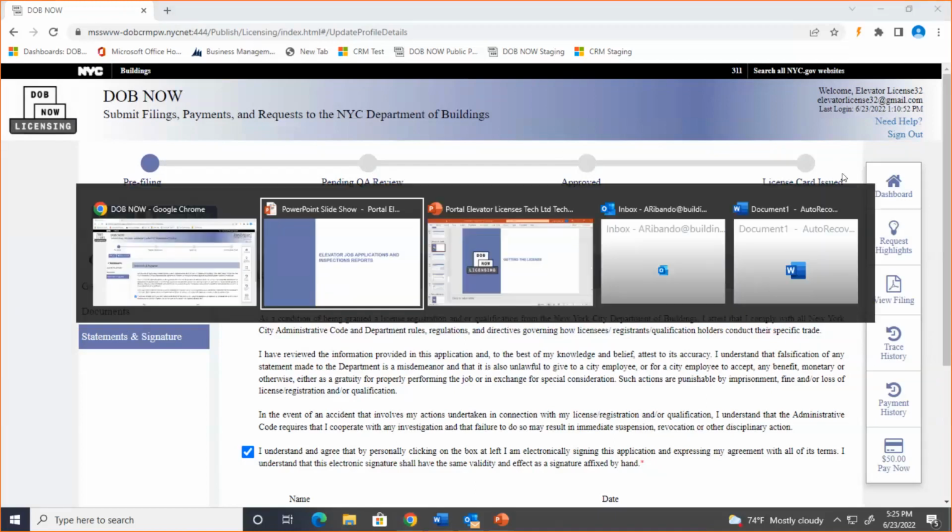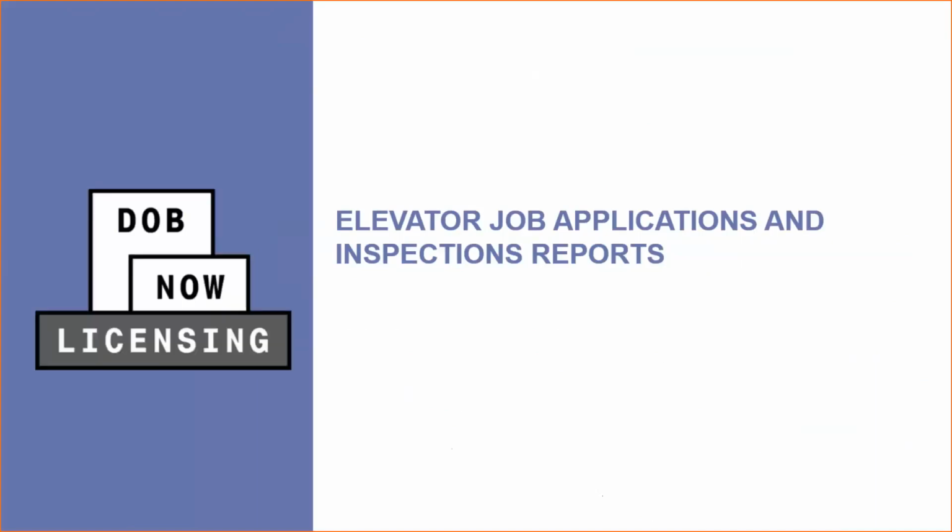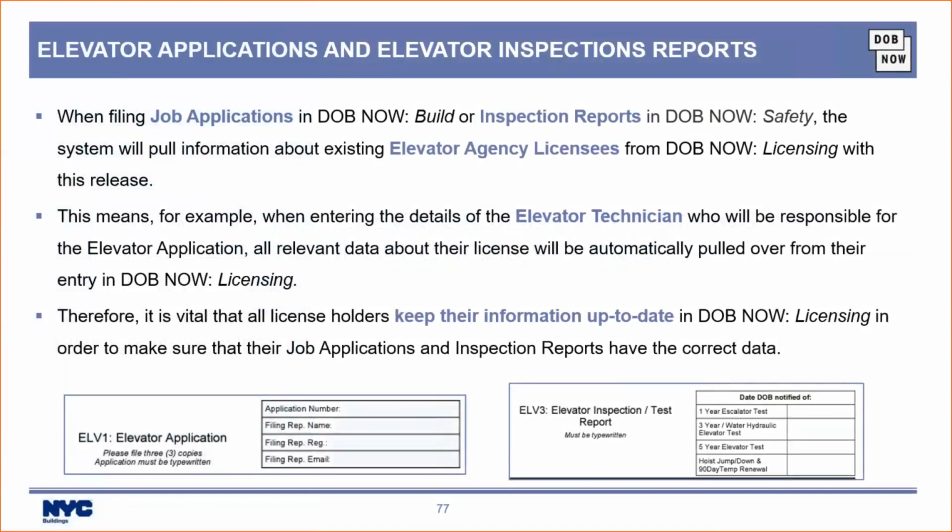So just a last little bit left to cover here. Let's take a look at elevator job applications and inspection reports. When filing job applications in DOB Now Build or inspection reports in DOB Now Safety, the system will pull information about existing elevator agency licenses from the DOB Now licensing with this release.